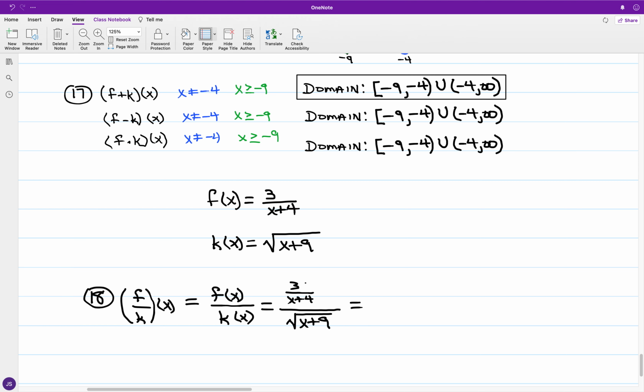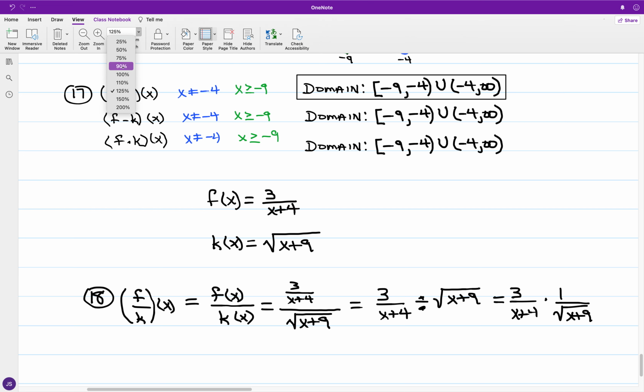Okay, so you have a little bit of a complex fraction. So I have 3 over x plus 4, divided by the square root of x plus 9. And so you have 3 over x plus 4 times the reciprocal of the square root of x plus 9.